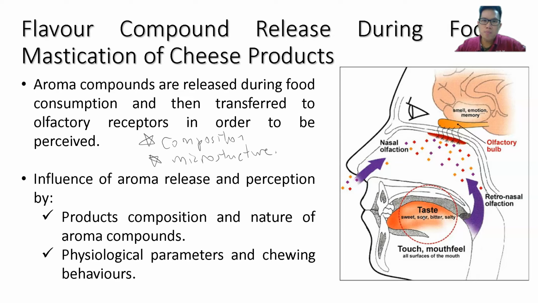And also what kind of carbohydrates, what kind of fats, what kind of proteins, and how they compose the microstructure. Is it like a network? Is it like a globule? How is the structure? Because all this structure and the composition will affect how the flavor is released during mastication.